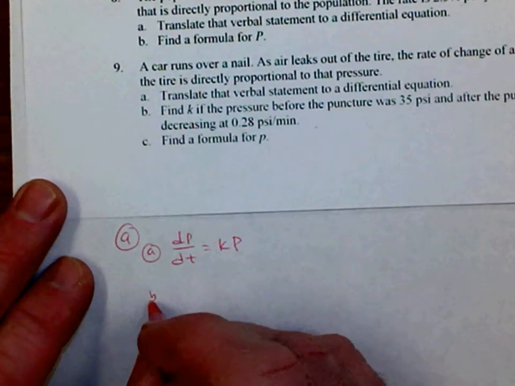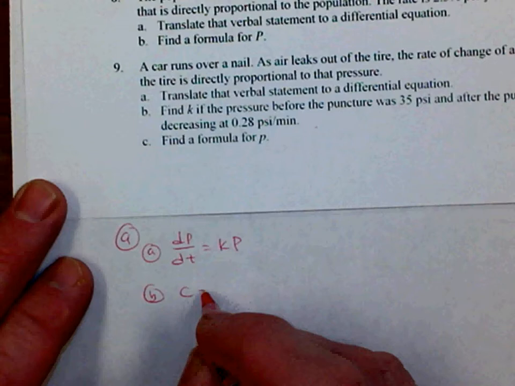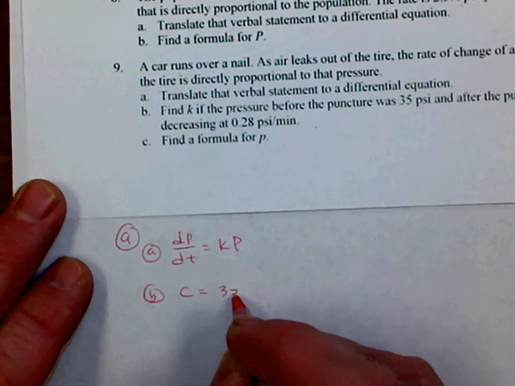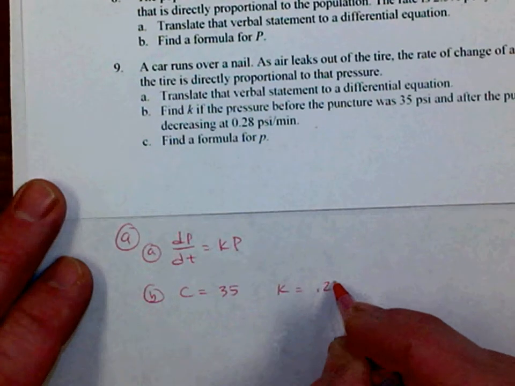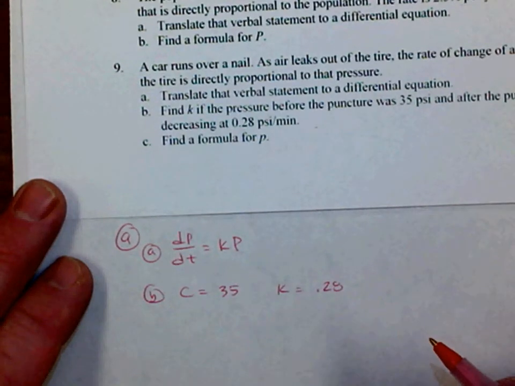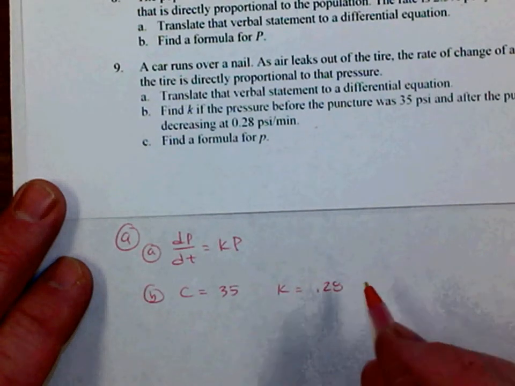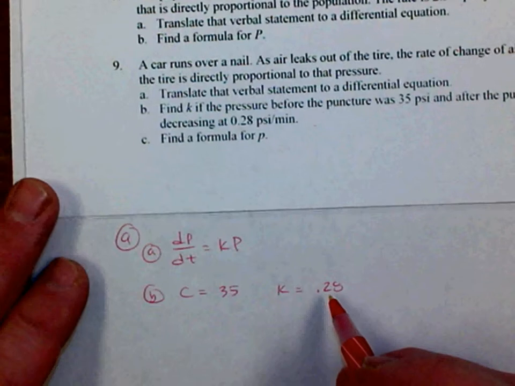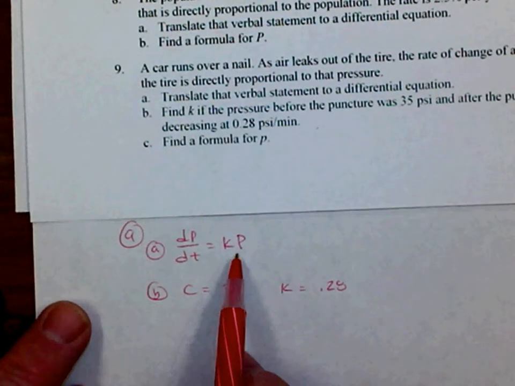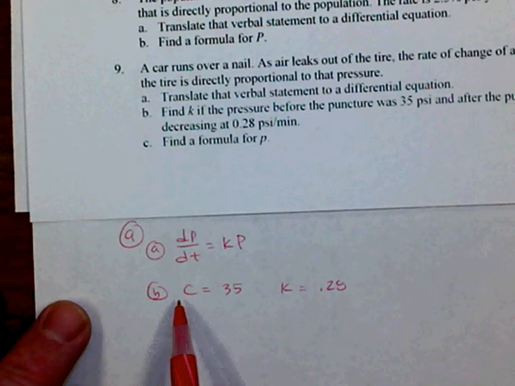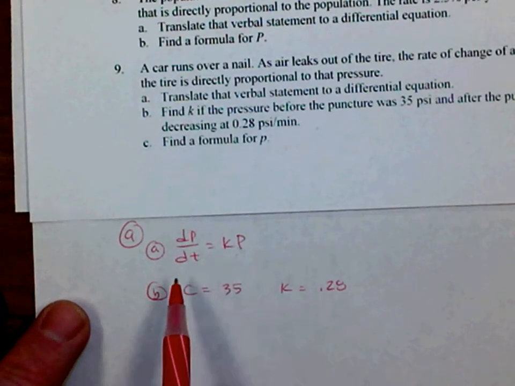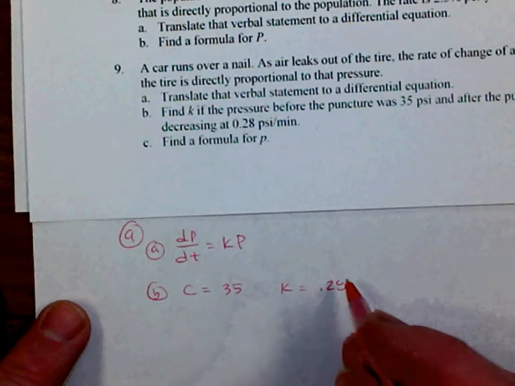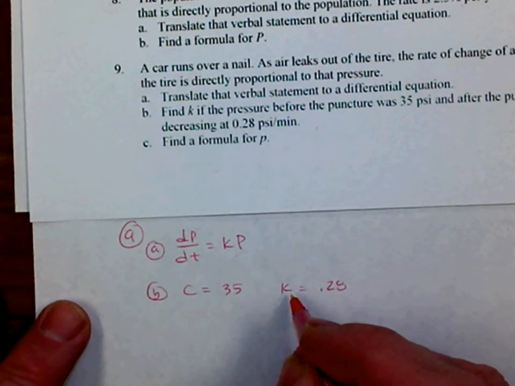From the information that they gave us, we can see that C is going to be our 35, and the 0.28, well, actually, this is not K, is it?